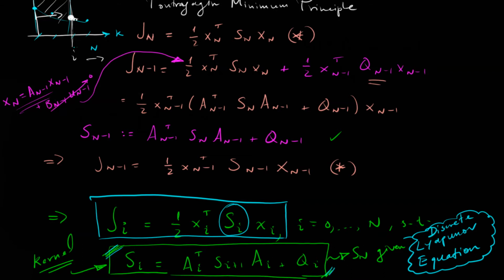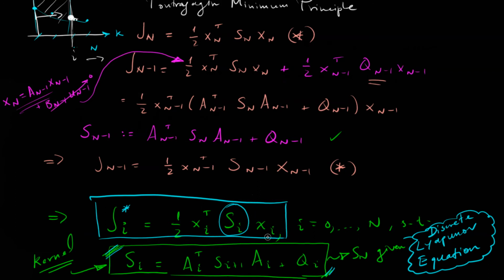Why I wanted to talk about this might not seem like very much right now, but later on when we solve the full LQR problem with non-zero input cost, we're going to see that the optimal cost to go, J star in that case, is going to be the same exact formula.